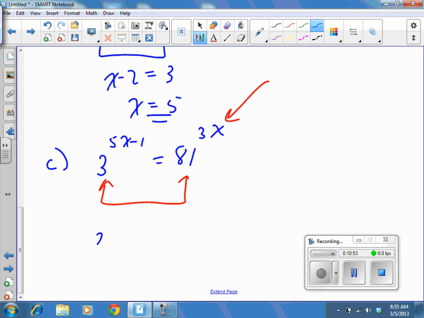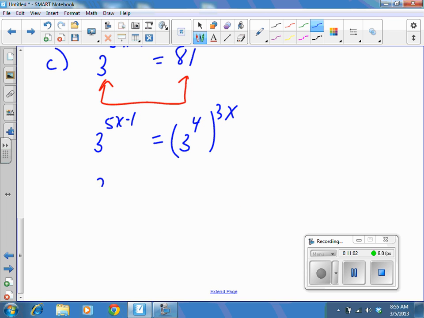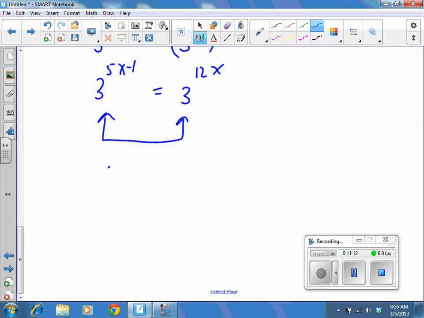So you make the bases the same, you need to go to base 3. 81 is 3 to the 4th, and then it's all to the 3x. Simplify, power through, and when the bases are the same, you can equate the exponents.